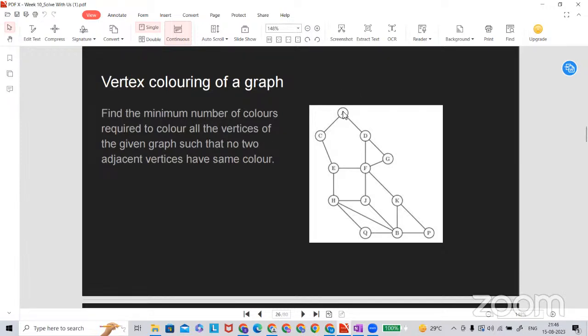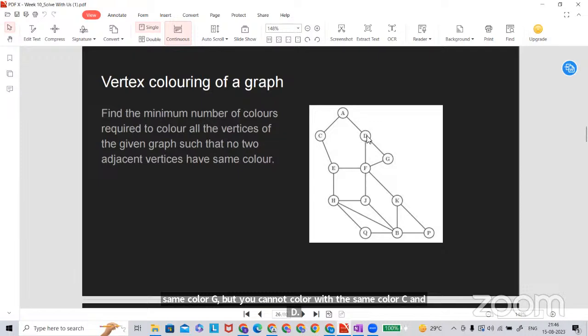If you color A with a color, then you cannot color C or D with the same color you used for A. If there is an edge, then you cannot color with the same color. Whatever color you used for A, you can use for E, F, G, but not for C and D. This is graph coloring.